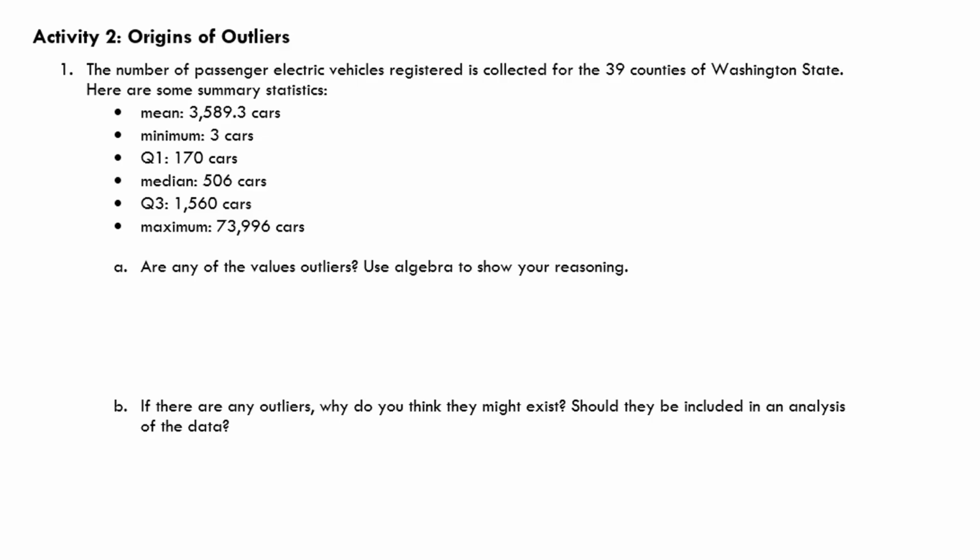I want you to start by looking at the mean and the median, and I want you to notice that the mean is 3,589 cars, and the median is 506 cars. So I don't have a picture of what this data looks like. However, if I go back to my notes from previously, I know that the mean is greater than the median.